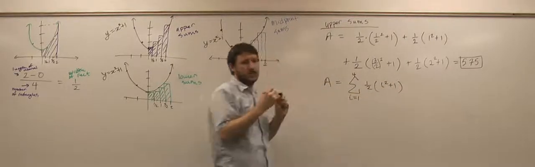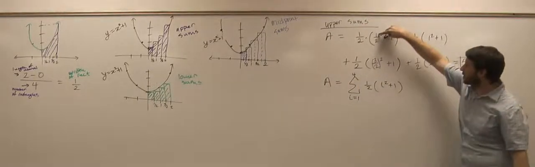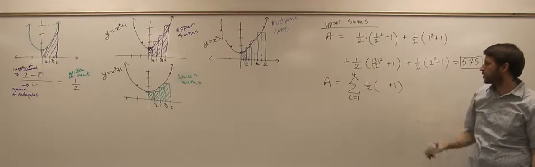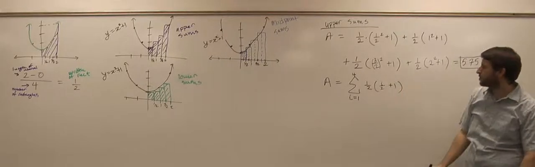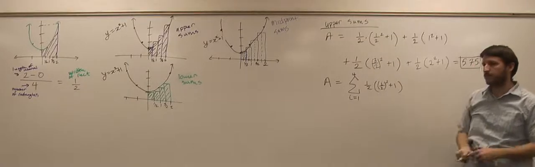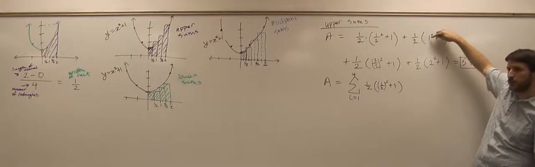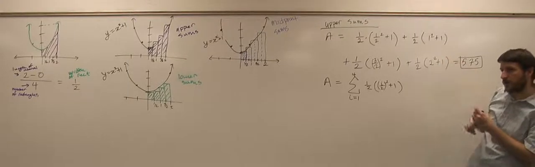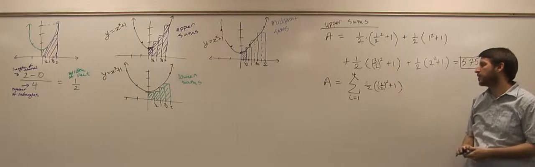Is that correct? No. When i is 1, you actually have i over 2, and then you square that. This is 1 over 2 squared, this is 2 over 2 squared, this is 3 over 2 squared, 4 over 2 squared. So you actually have 1/2 times (i over 2) squared.